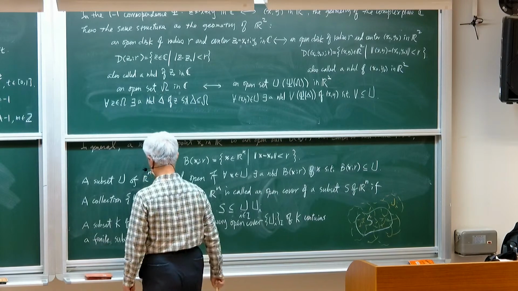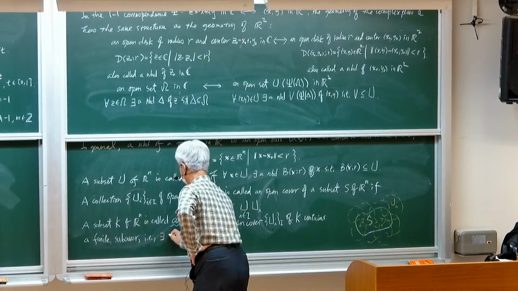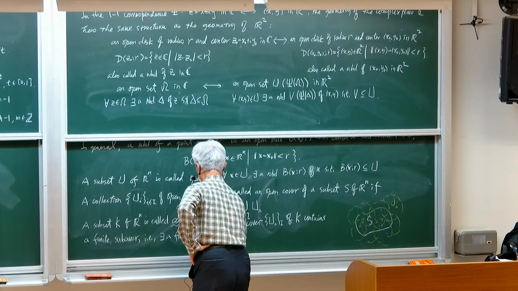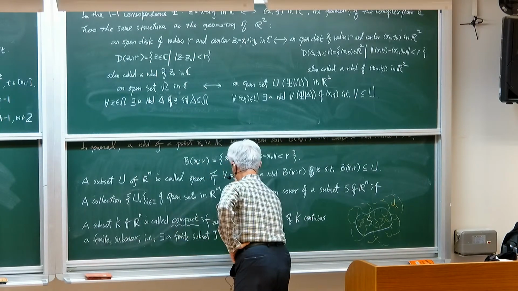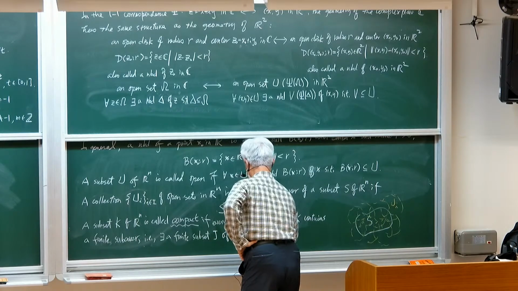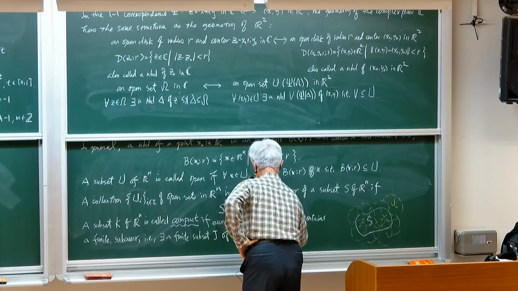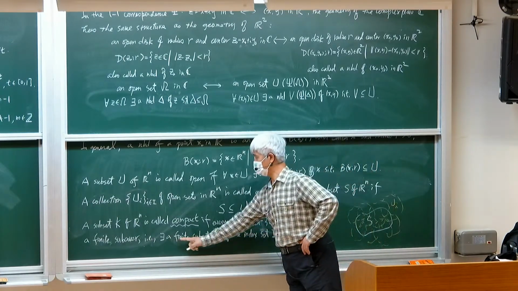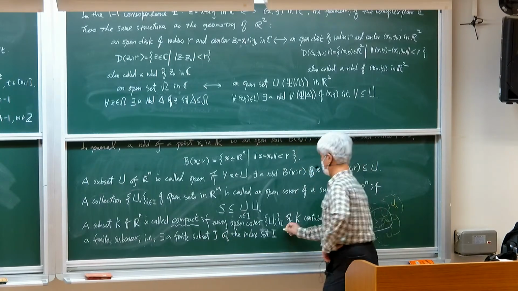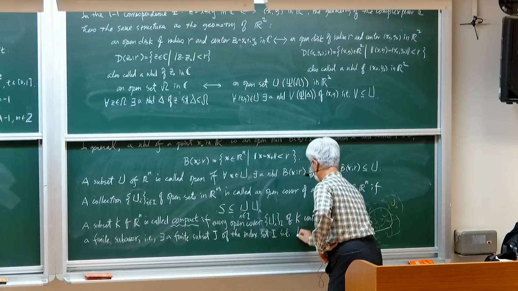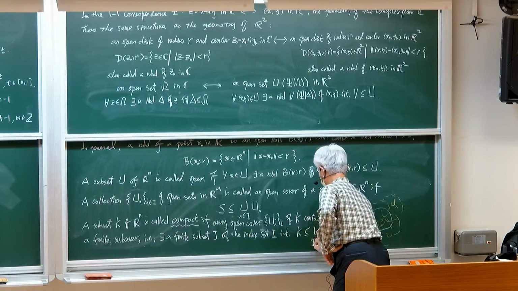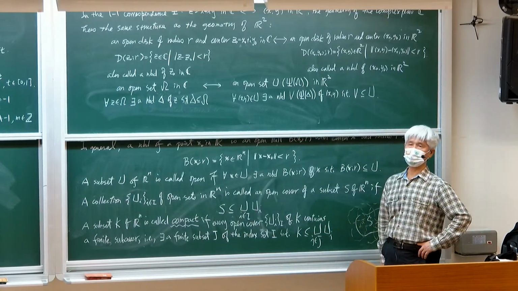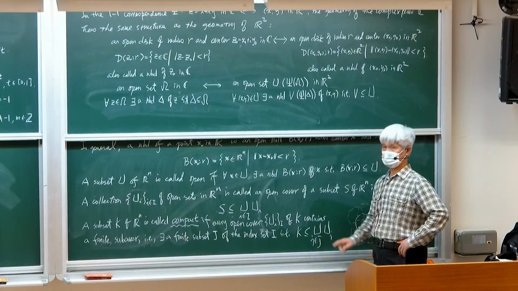What do we mean? That is, there exists a finite subset J of the index set I. The index set I may be infinite, right? But we can find a finite subset J such that K is contained in the union of the open sets indexed by this finite subset.